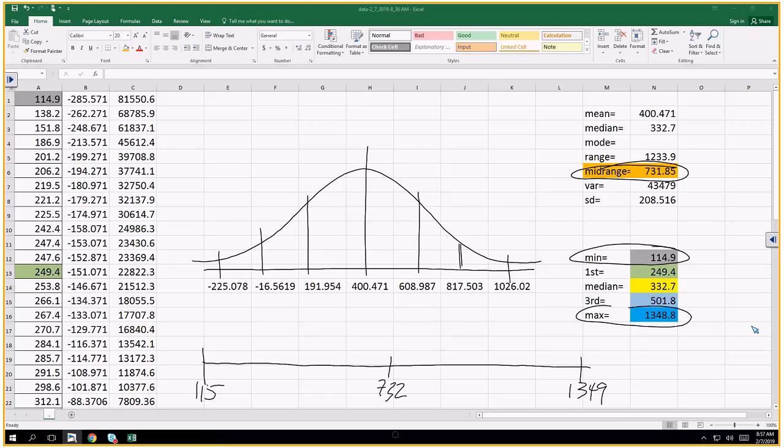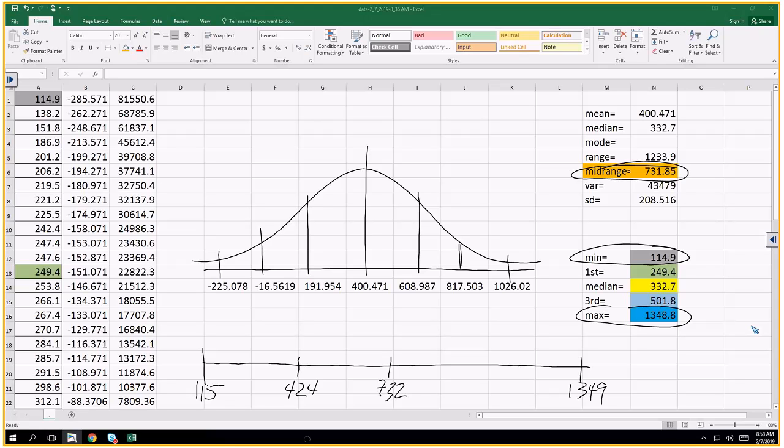Okay, somebody add 732 plus 115 and divide it by 2 for me. Please don't mess it up. 115 plus 732 divided by 2. 444. Okay, do the same thing over here. What'd you say, 424? Somebody take 732 plus 1349 and divide by 2.